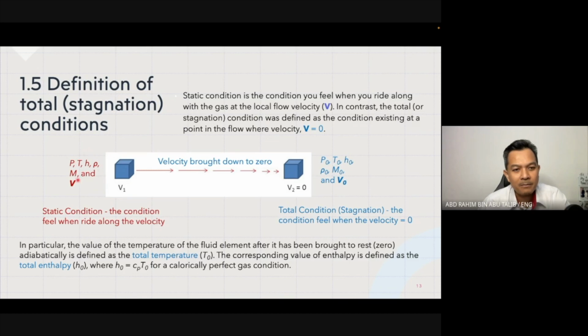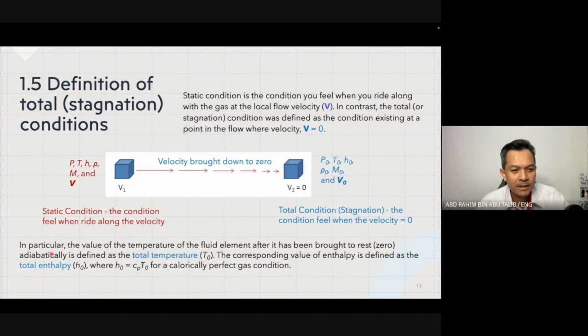Then the velocity is brought down to zero. We slow down the movement of the vehicle or the object to a stagnation condition, where v2 equals 0, where we have the pressure p0, T0, h0, rho 0, and Mach number 0, as well as the velocity also 0.